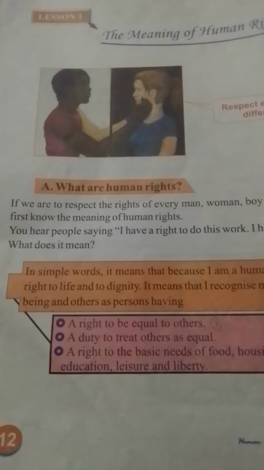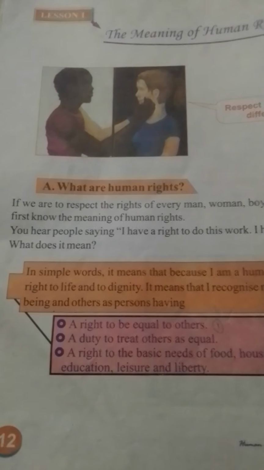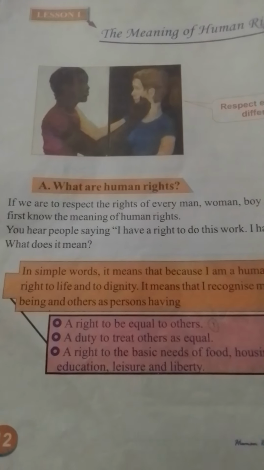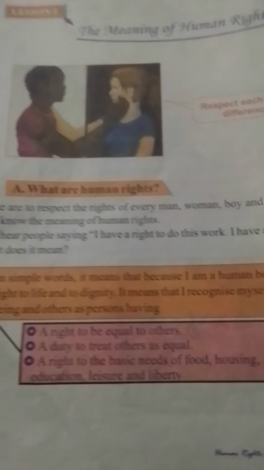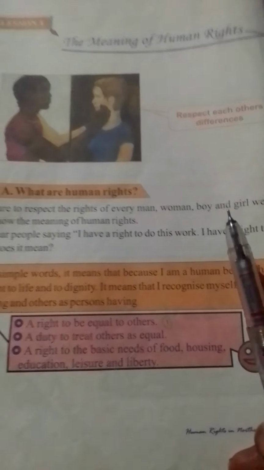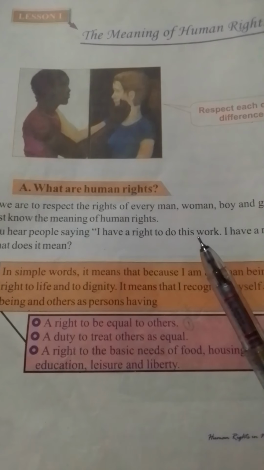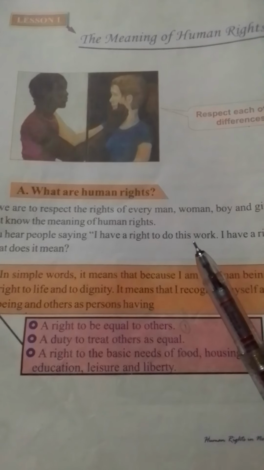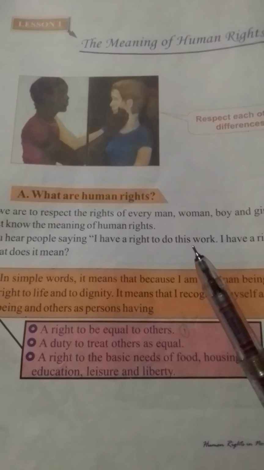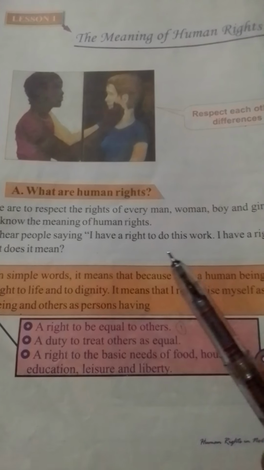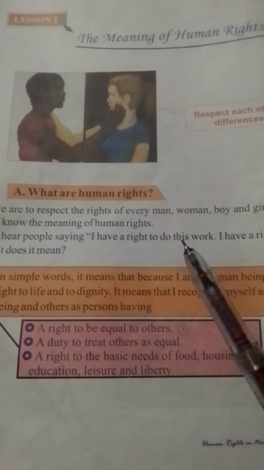It says that if we have to respect the rights of every man, woman, boy, and girl, first we have to know the meaning of human rights. Without knowing the meaning of human rights, we cannot respect the rights of these people.